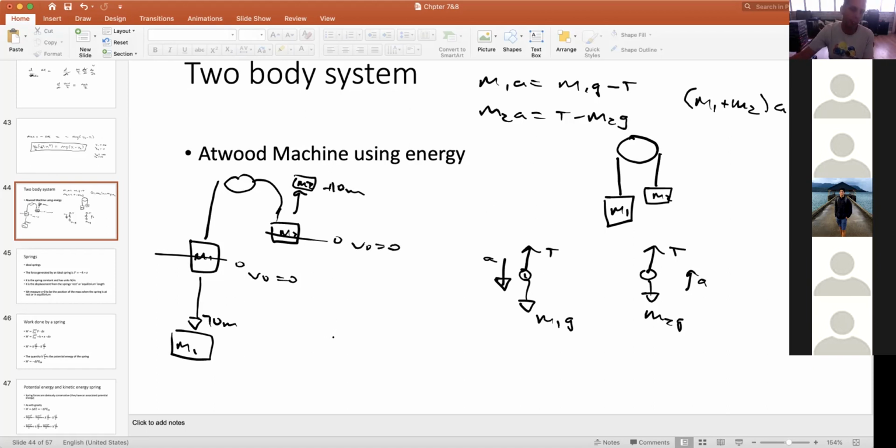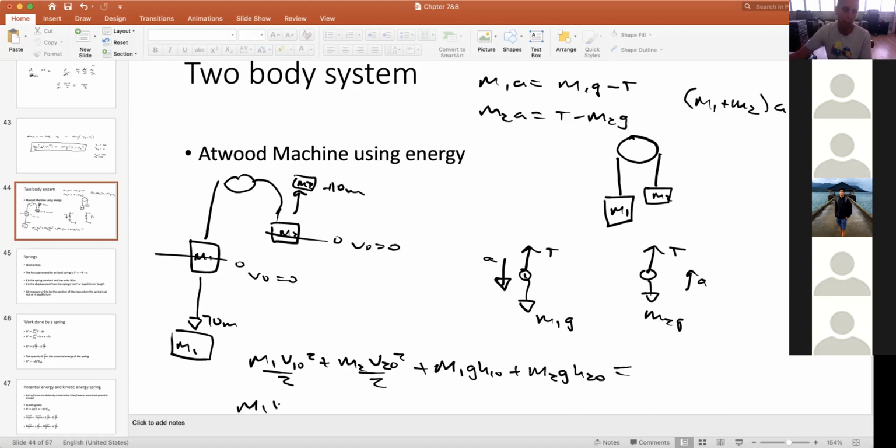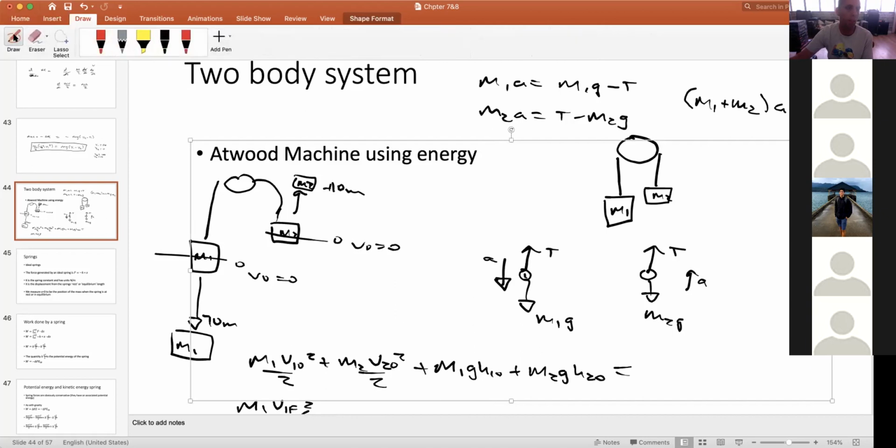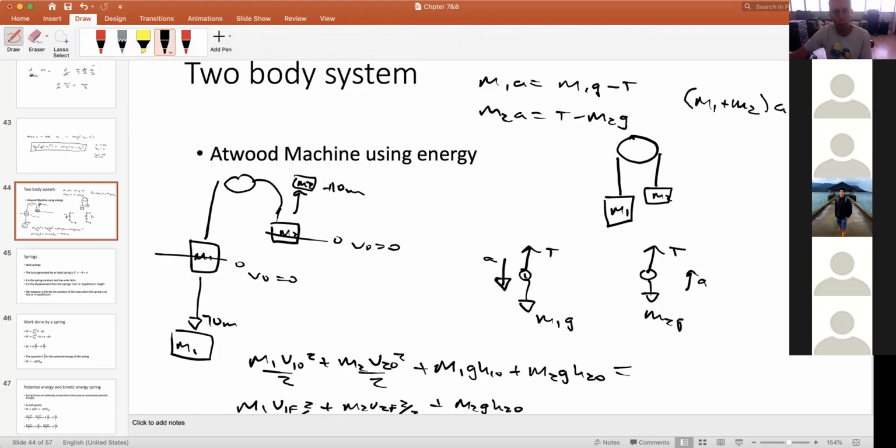So what I can do here is I can write M1 V1 initial squared over 2 plus M2 V2 initial squared over 2 plus M1 G H1 initial plus M2 G H2 initial is equal to M1 V1 final squared over 2 plus M2 V2 final squared over 2 plus M2 G H2 final plus M1 G H1 final.